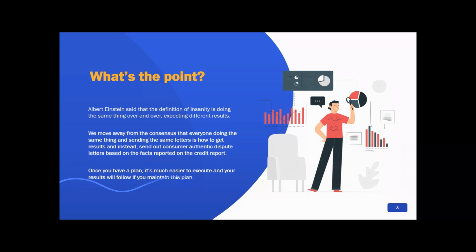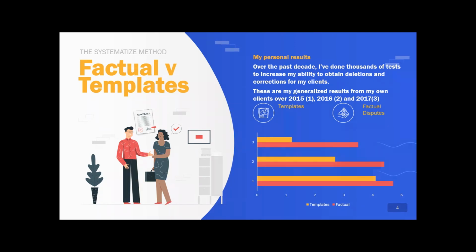So factual versus templates. Now, what you're looking at is my personal results. Over the past decade, I've done thousands of tests to increase my ability to obtain deletions and corrections for my clients. Now, this is just for 2015, 2016, and 2017, okay? Just to show you when I started using factual-based disputes.